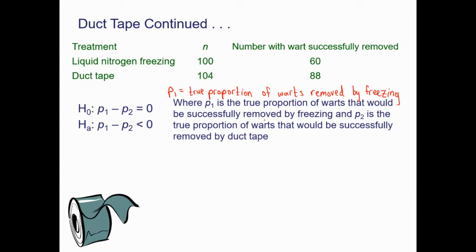P2, so you don't have to write this paragraph when defining it. You can just write what I'm writing. P2 is the true proportion of warts removed by duct tape.